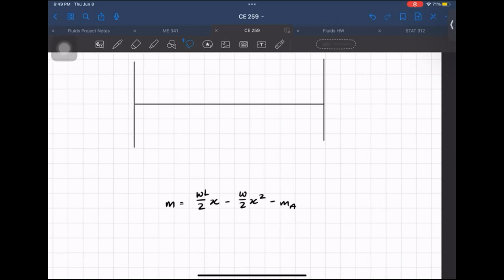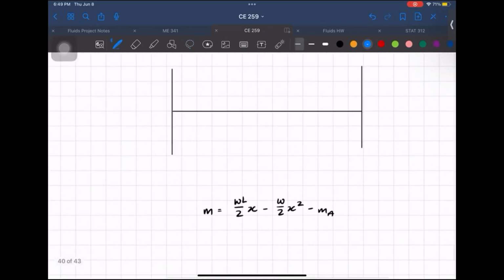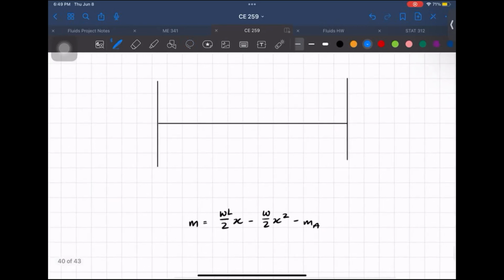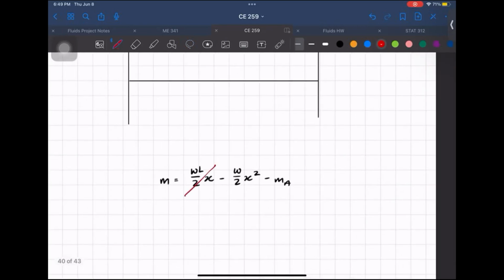Now it looks a bit tricky, but there's a few things that we can do to make our life a little bit easier. So for one, if we start at x equals 0, these two terms would cancel out. So you find out that the internal moment at x equals 0 equals negative MA.